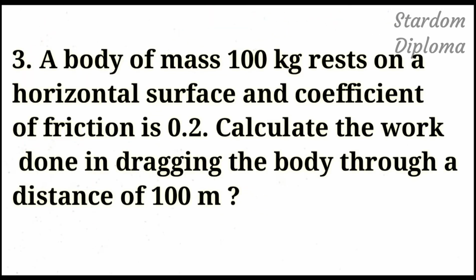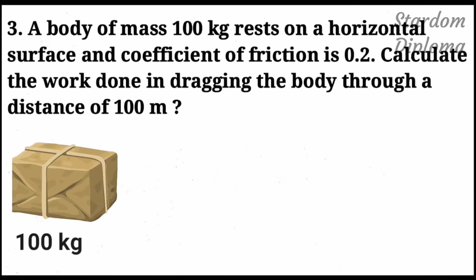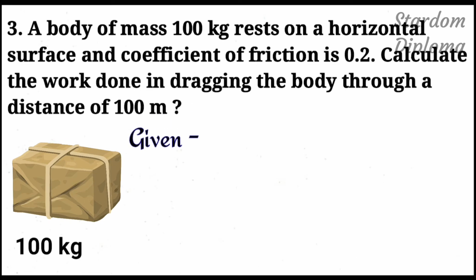Moving to third question. A body of mass 100 kg rests on a horizontal surface with coefficient of friction 0.2 in between. Calculate the work done in dragging the body through a distance of 100 meters. What is given in the question is a body of mass 100 kg. So the mass of the body m is equal to 100 kg.